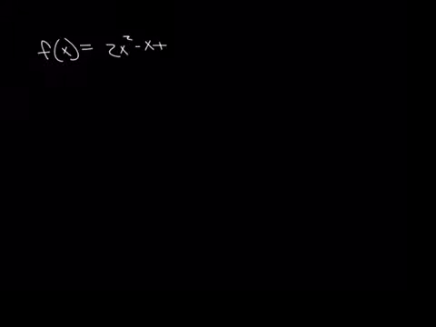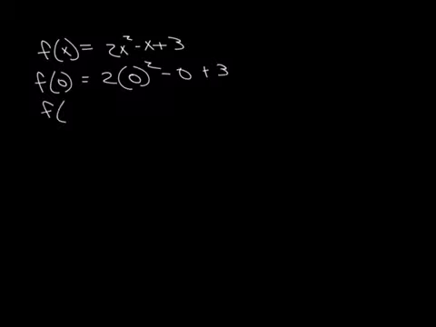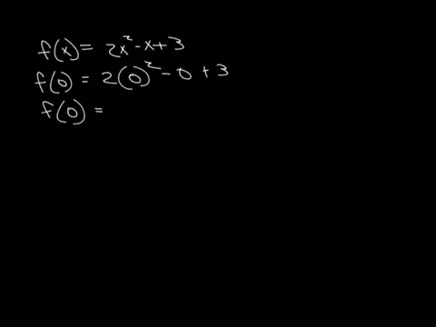So if you look at example 4. Example 4 says we have a function, and our function is that. Okay, there's my function. A says, what am I going to get if my x is 0? And so what I like to do is rewrite everything and put in 0 for x, and then say f of 0 equals 3.